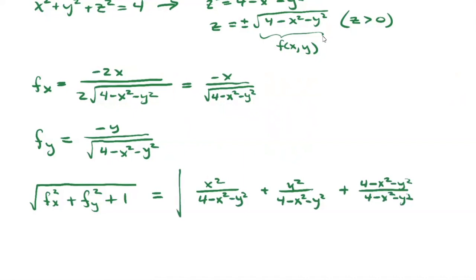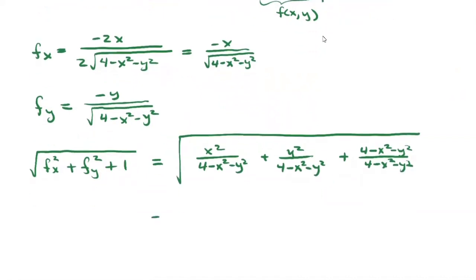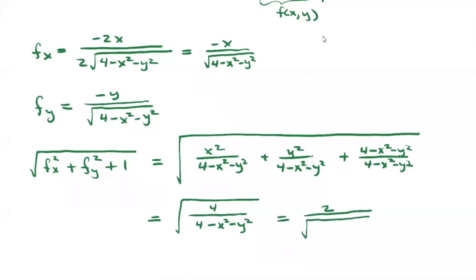And that's all inside of a big square root. So the x squares and y squares cancel. So you just have 4 over 4 minus x squared minus y squared, all of that in a big square root. And why not just say that that's 2 over square root of 4 minus x squared minus y squared. So there you go.